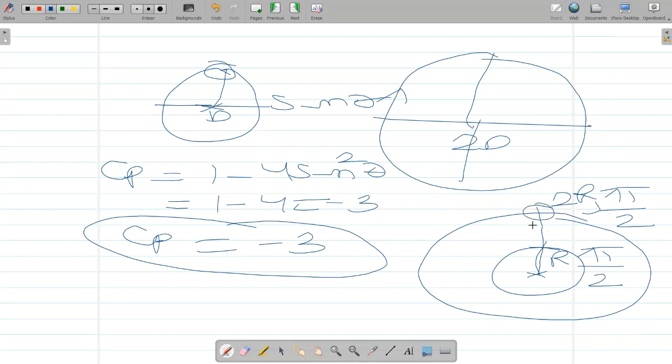So irrespective of the location, one is at r, other is at 2r, but their value is the same. So Cp minimum here divided by Cp minimum here is minus 3 by minus 3, that is 1. The same logic can be applied to your airfoil as well.